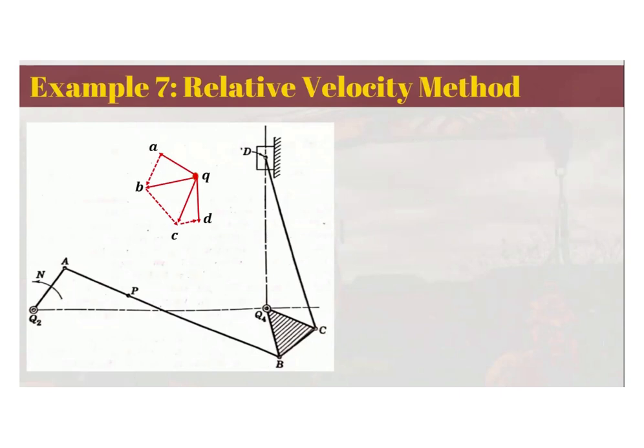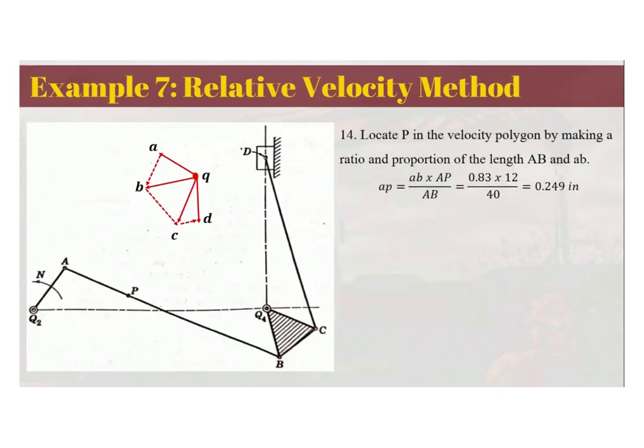The remaining unknown is the point P. Point P, as you can see, is located here in our actual drawing, and that is along the line AB. Since these lines here are a representation of this line here, point P must also be located along that particular line joining AB.